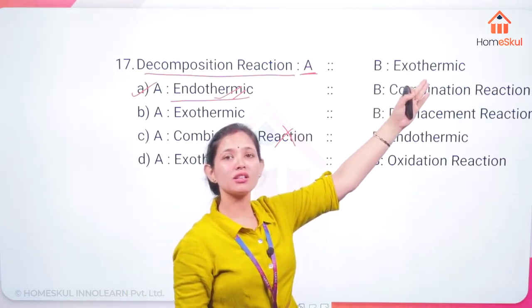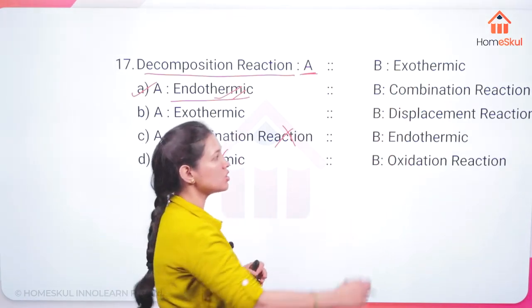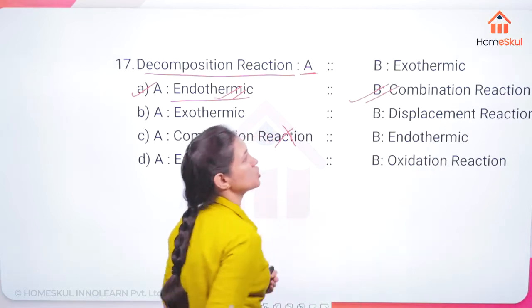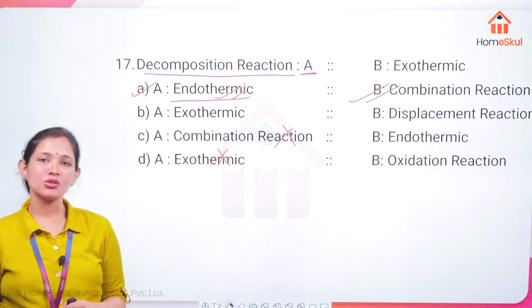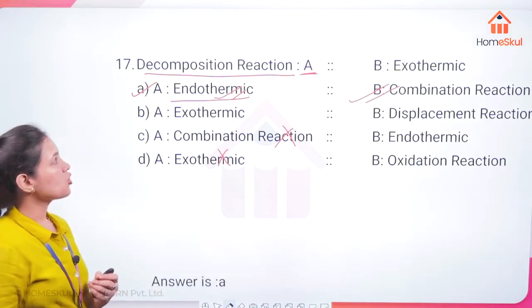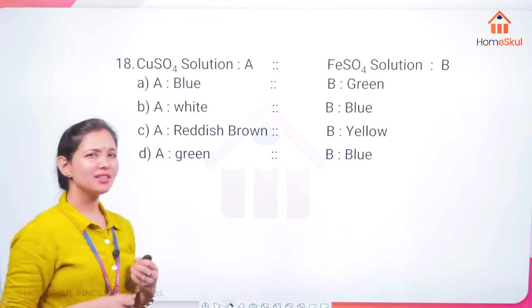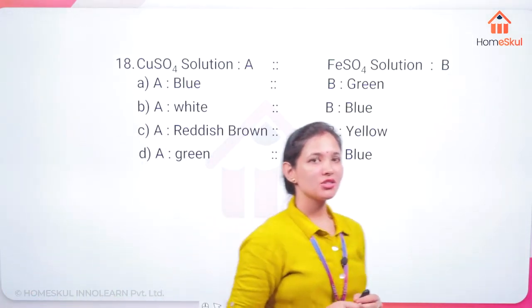Exothermic is given, so you have to see which reaction it is. The reaction is going to be your combination reaction. So you are correct at this part. Now you are getting how to solve it. Here also you can just give me the answer.